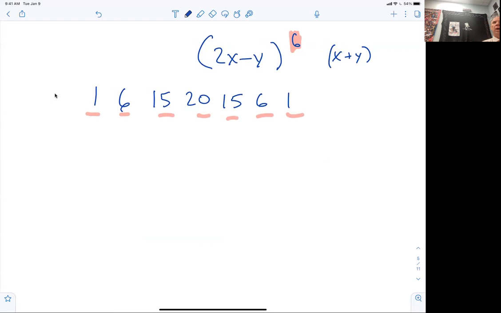So for (x + y)^6, all right. Again, you want to write x to the 6th. Now remember, x goes down and y goes what? Up. So technically this is 1x to the 6th, y to the what? That's technically what it is. All right, so if you learn to write that, then everything else is kind of simple.